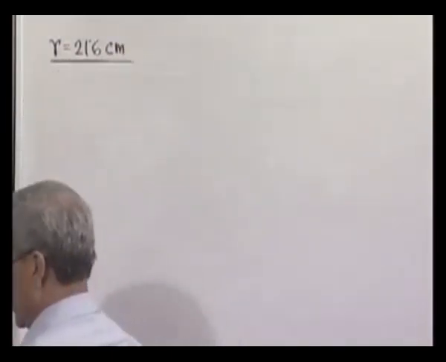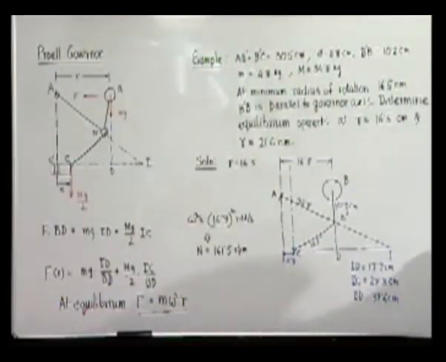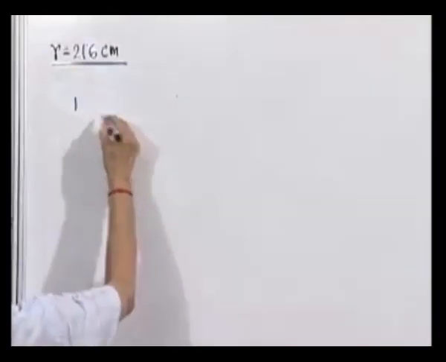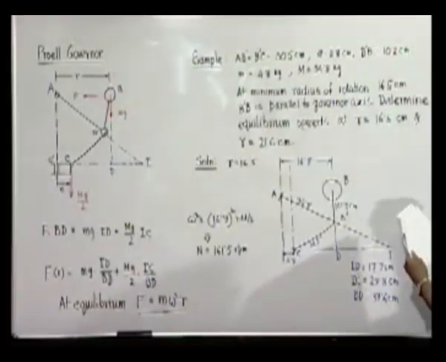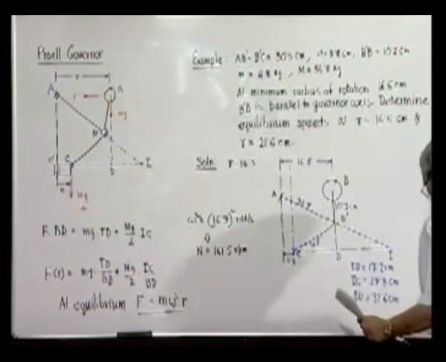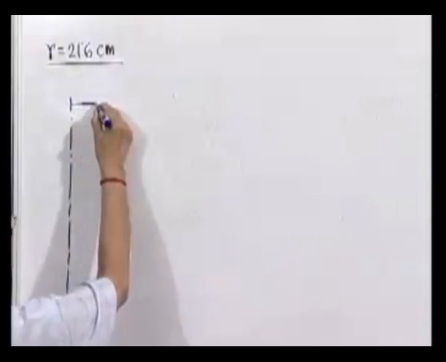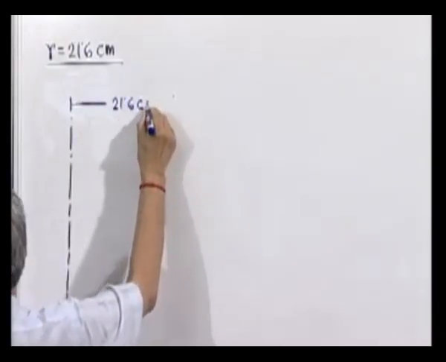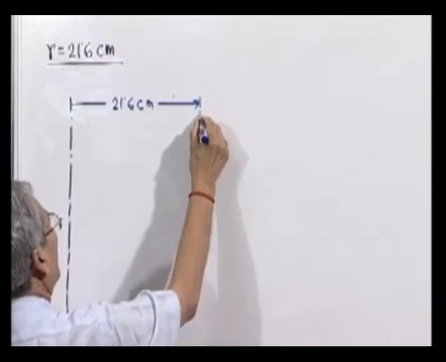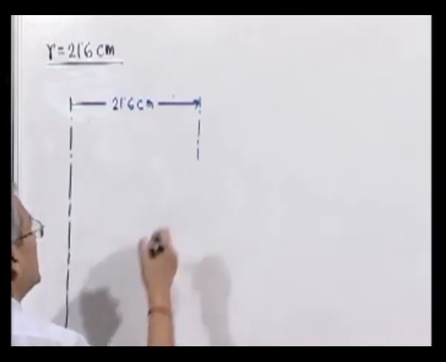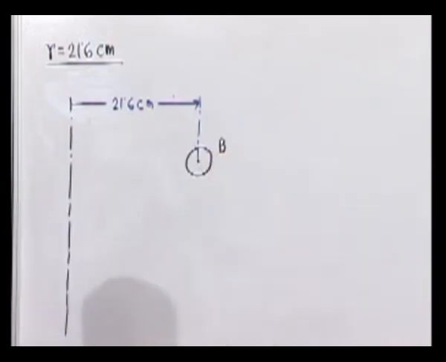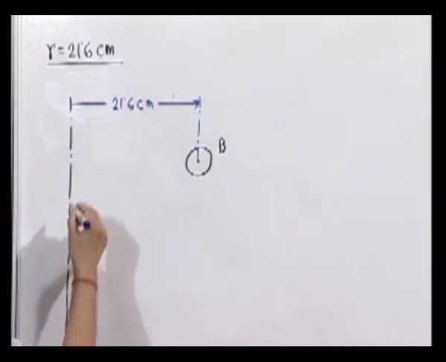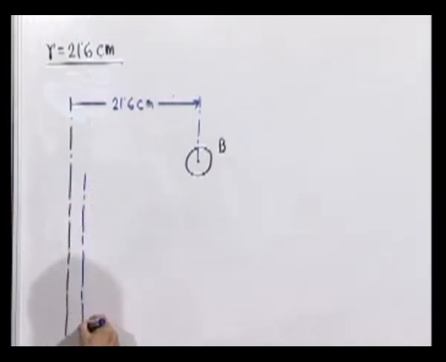We have to again draw this, and to do that, this is the governor axis, and at a distance of 21.6, somewhere we put the sphere, point B. We also know that point C will be located on a line which is 3.8 centimeter.